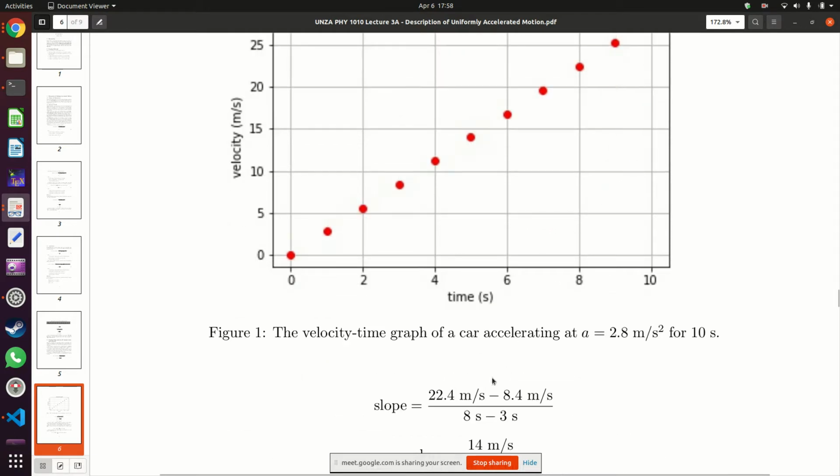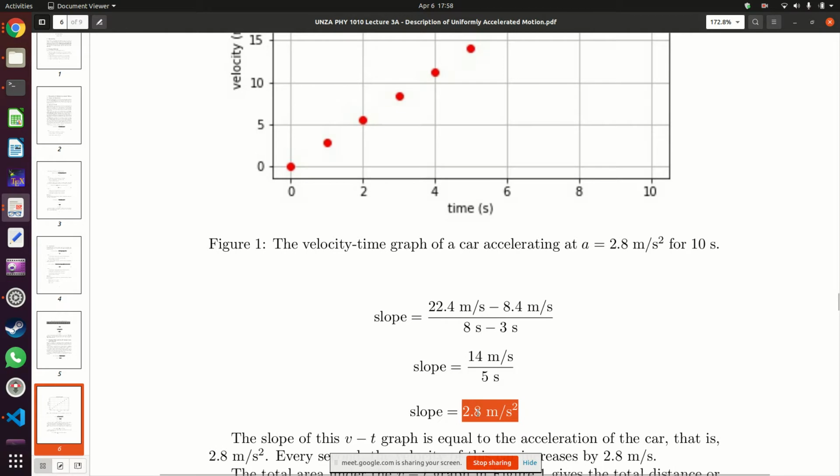It's increasing by 2.8 meters per second every second. That's where the predictable manner comes in.